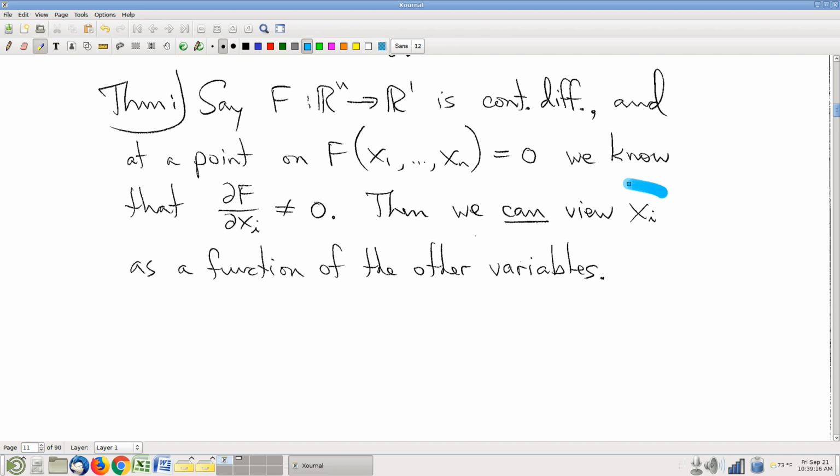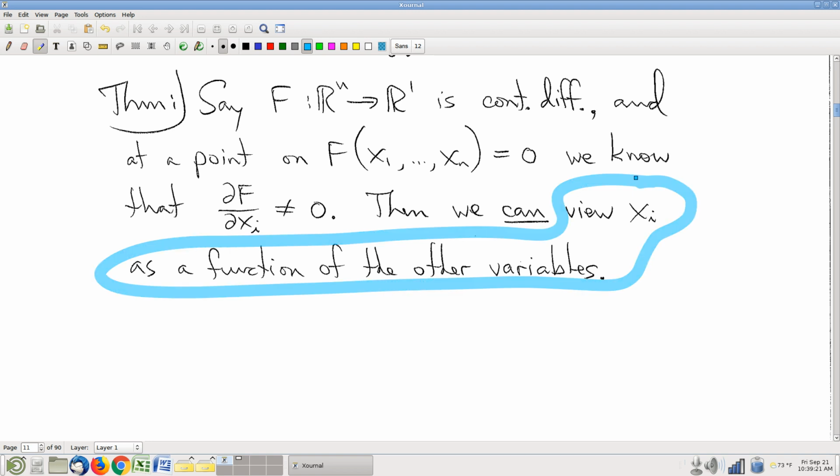If you want to view one of the input variables as a function of the others, so if I want to view this variable, xi, as a function of all of the other variables, I address that by taking the partial derivative of f with respect to that variable, whichever one you want to view as a function.